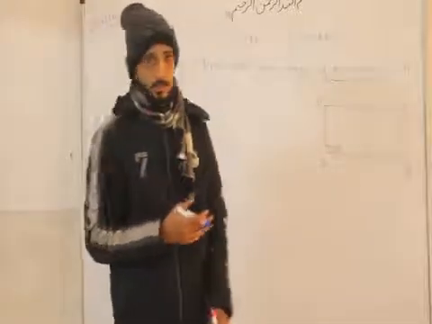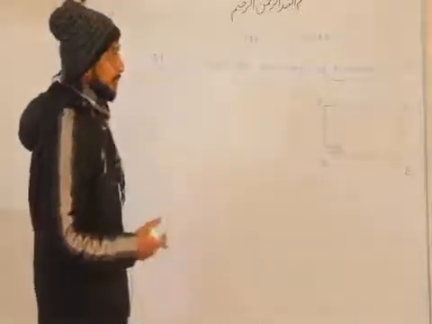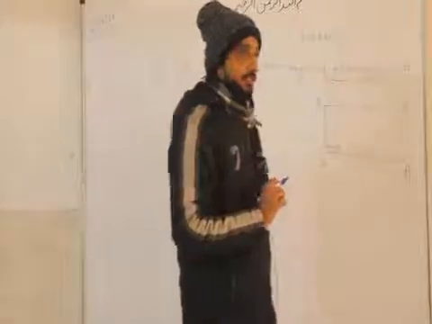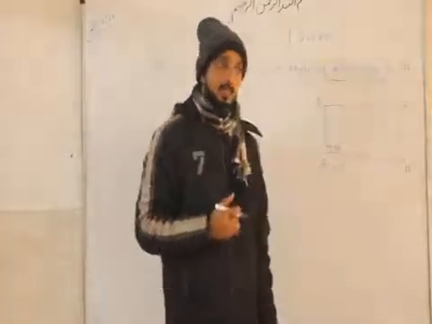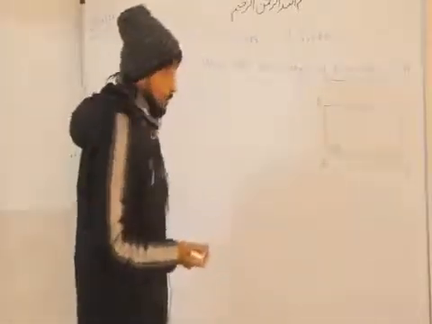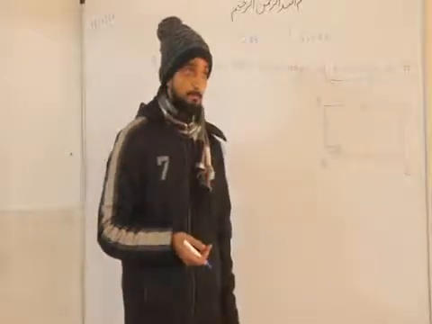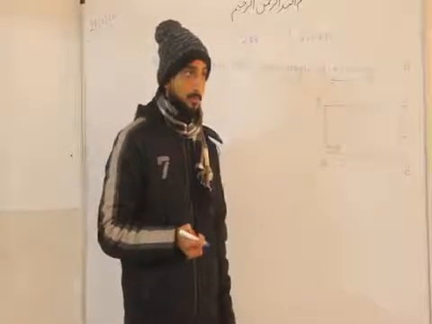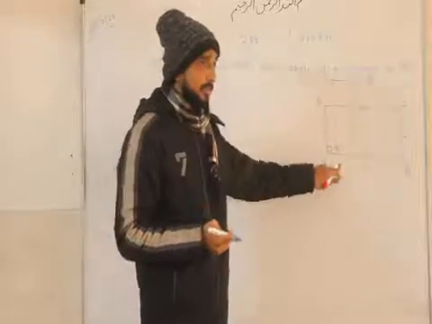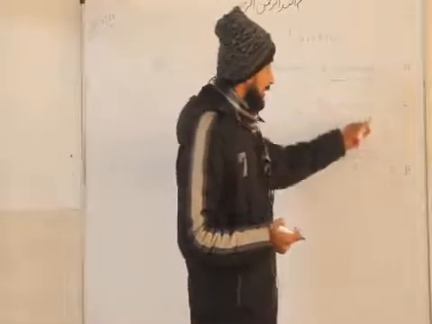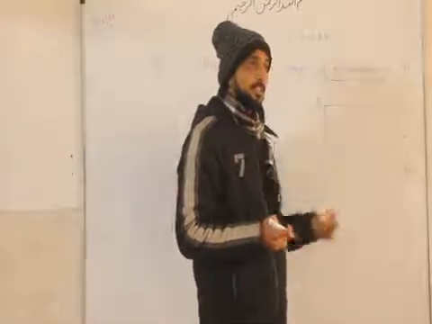So by using these things we have to prove all the angles are equal to 90 degree. This is the 90 degree only, and we have to prove that angle D, angle C and angle B are also 90 degree.